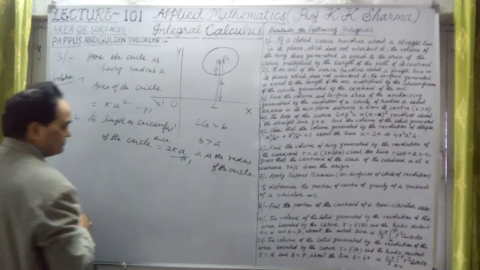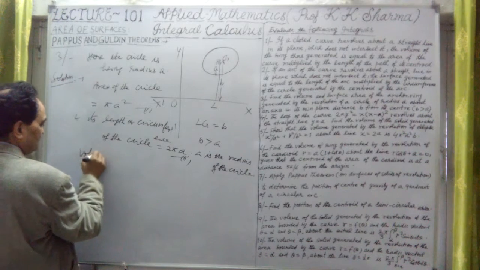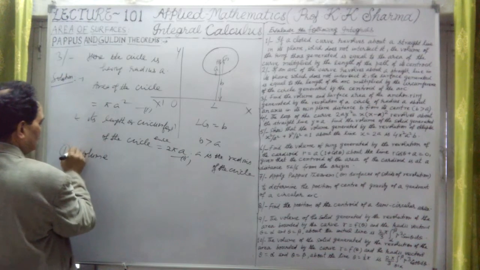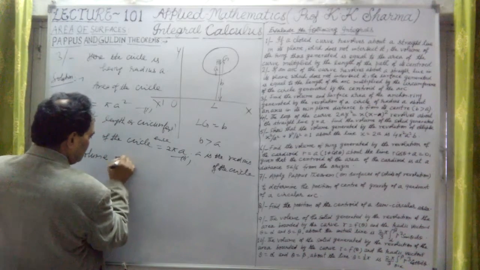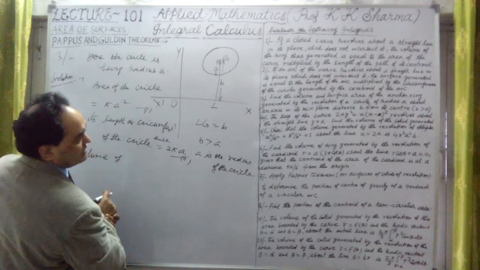Now the volume is given by, first, we have to find the volume. They say find the volume and surface area of the anchor ring.